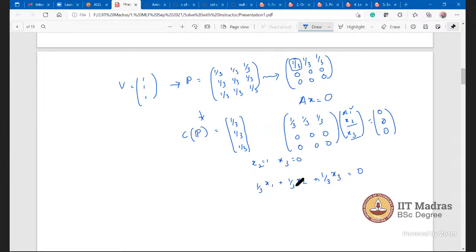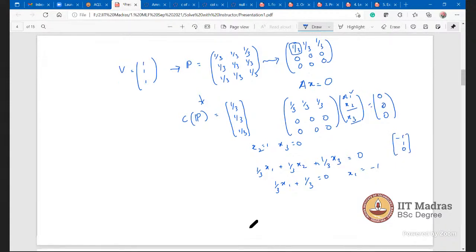With x2 equal to 1 and x3 equal to 0, 1/3 x1 plus 1/3 is equal to 0, which leads to x1 equal to minus 1. So your first vector will be (-1, 1, 0).